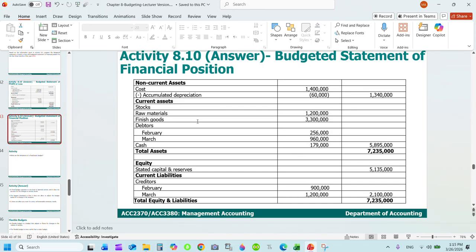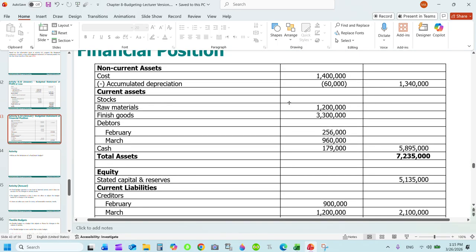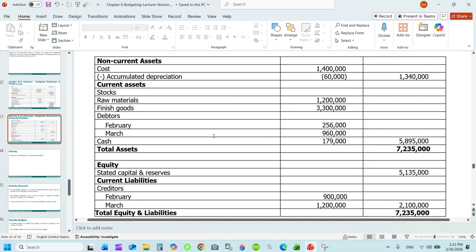So according to your budgeted statement of financial position, it should be something like this. This is your asset. From the asset you deduct depreciation as I explained earlier, and stock balances you can take from the prior workings we prepared. Then debtors, we have this much of debtors.